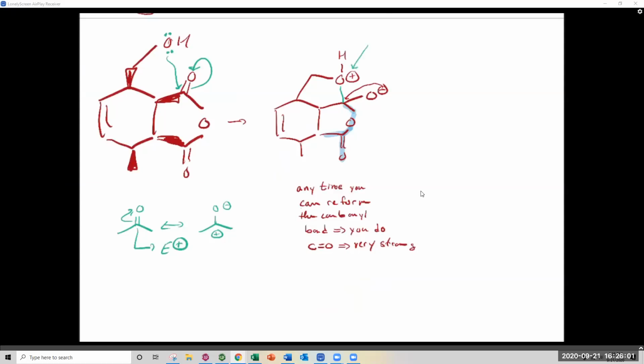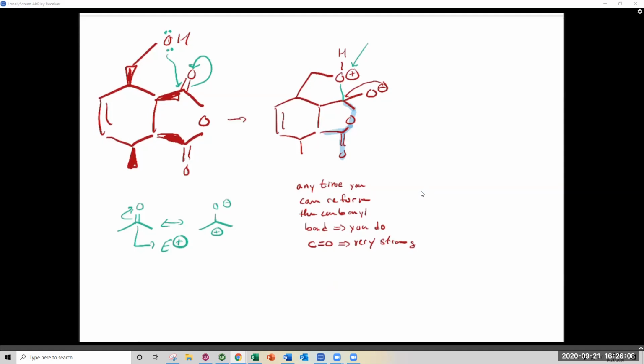Why not this as a leaving group? It probably happens. And you have to remember that every time we talk about these reactions, especially these intermediates, we're in equilibrium. And so the fact that this group doesn't necessarily come off.